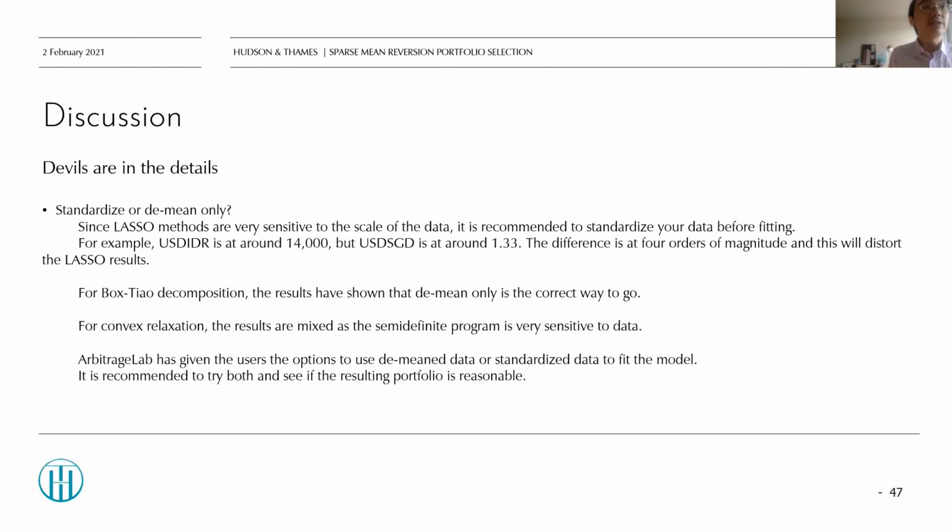For the lasso selection method, where you want to narrow down the investing universe into small clusters, because lasso methods are very sensitive to the scale of the data, I recommend you standardize your data before fitting the lasso models.